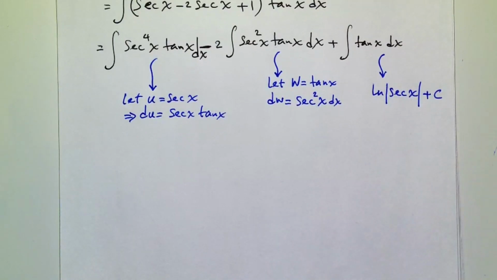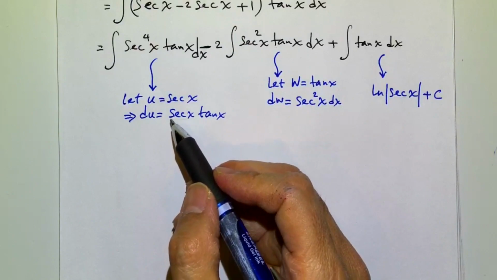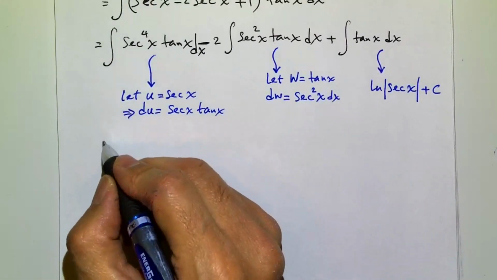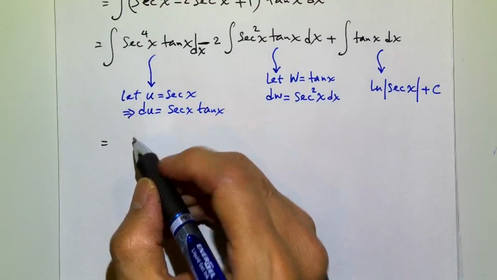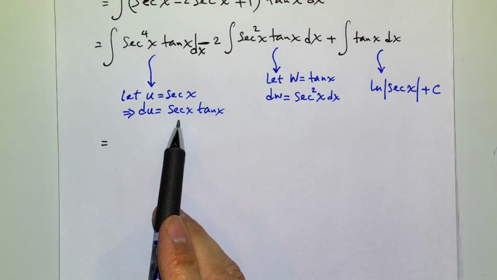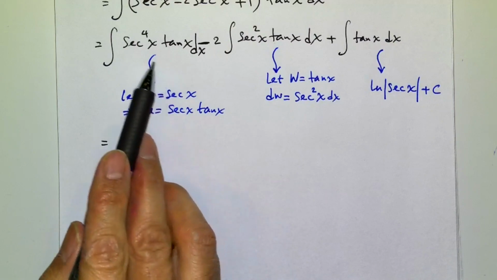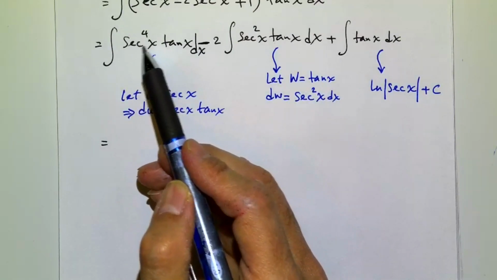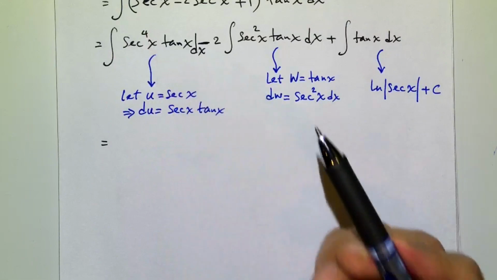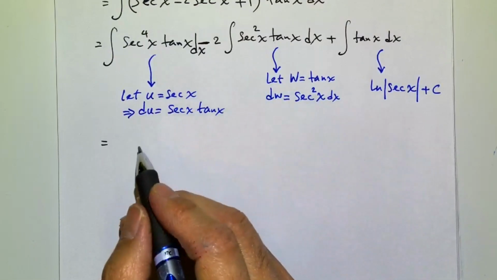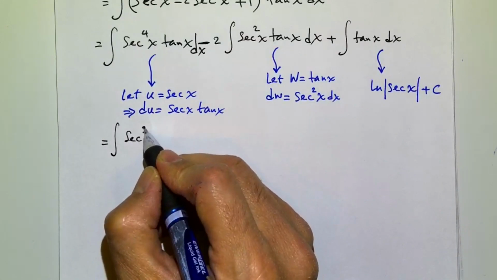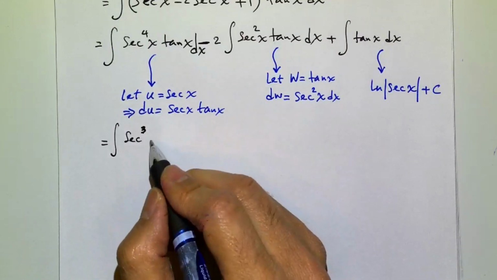All right, so now let's make the substitution based on these new variables u and w. So if you break this apart, if you take away one secant of x and multiply it by tangent of x, right? Well, let me do it this way. I don't want to combine these two steps, so let me do it in steps.